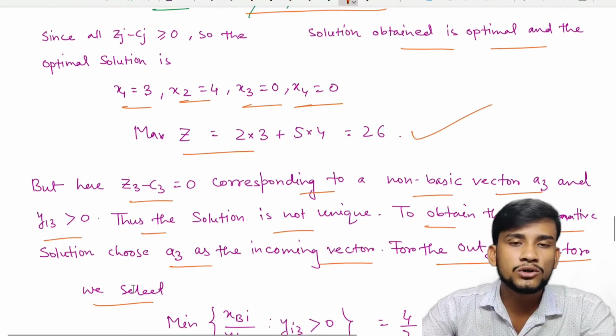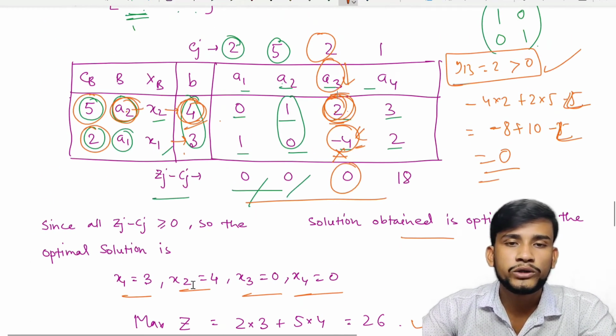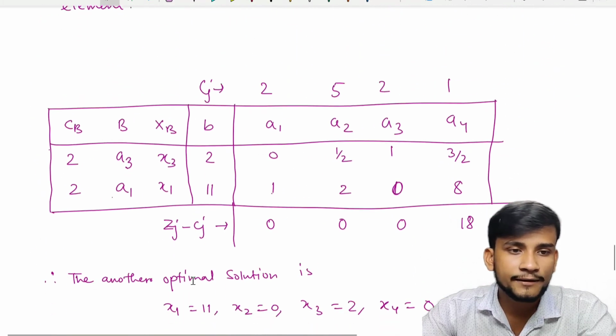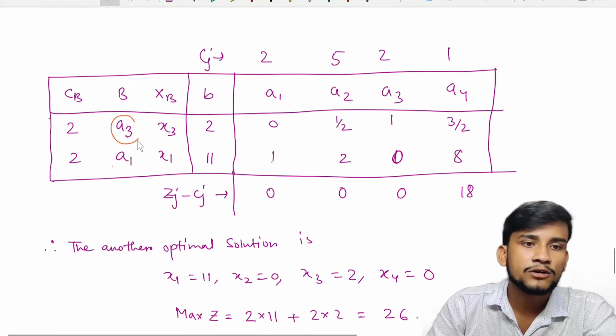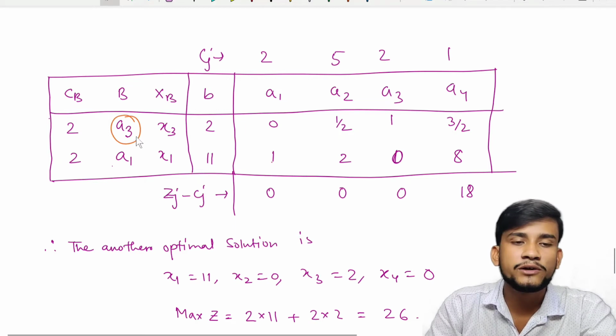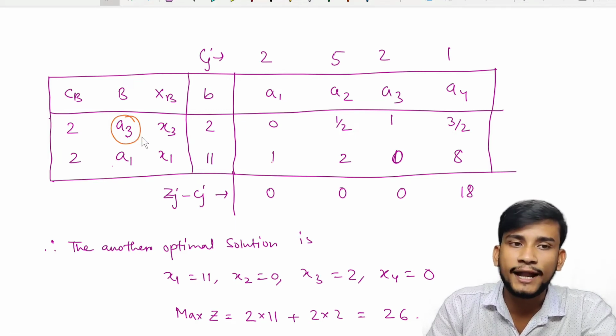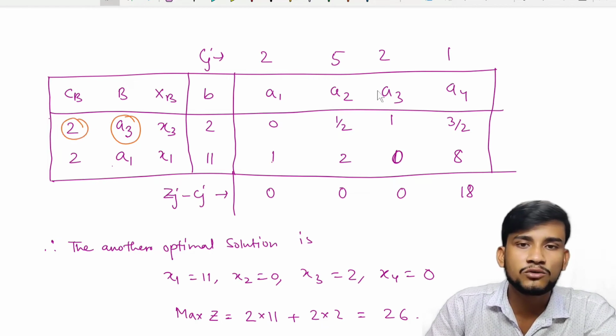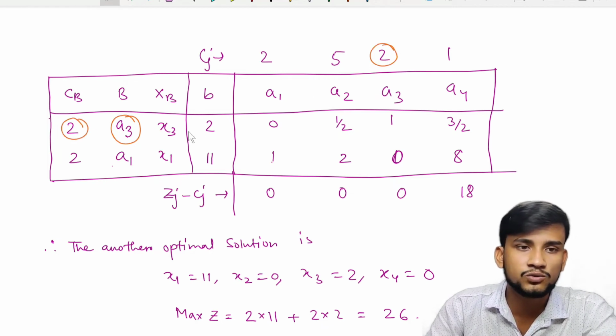So we write here a3 instead of a2, because a2 leaves the basis and a3 enters the basis. This is what is happening here. Then we write the cost corresponding to a3, which is 2 here, and the basic variable corresponding to a3 is x3.